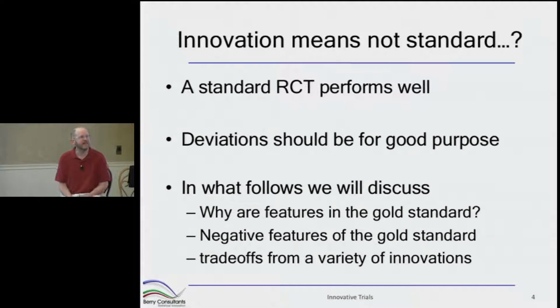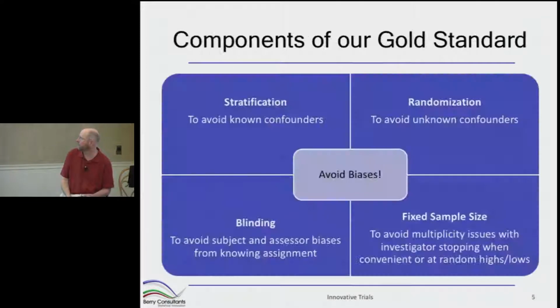Certainly a standard RCT does well, so we want to make sure that deviations are for a reason. So again, we're going to talk about what the features in this gold standard are, what the negative features are, and what the trade-offs are. The main components here: we have a lot of components that are designed to avoid bias. These include randomization, which is kind of a catch-all.